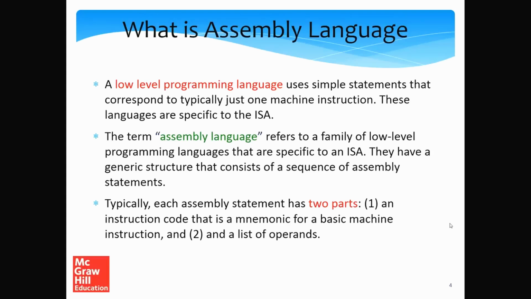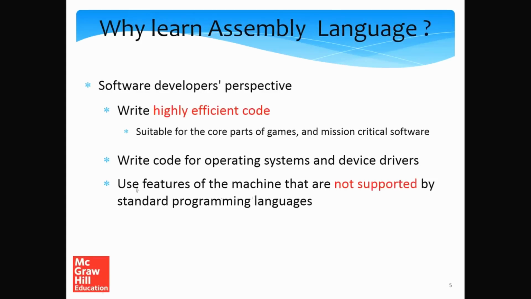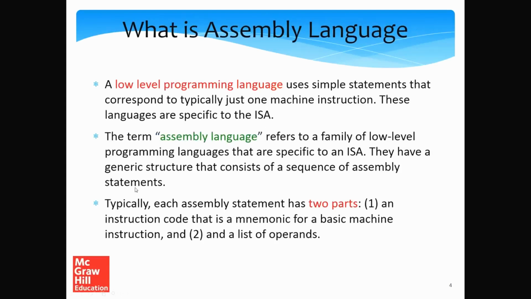For example, C or Java can run on any kind of processor. However, an assembly language is specific to only a particular processor or a particular family of processors.